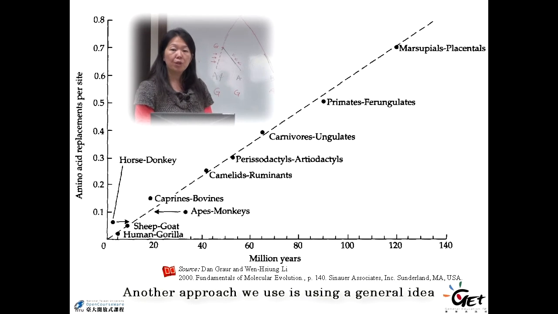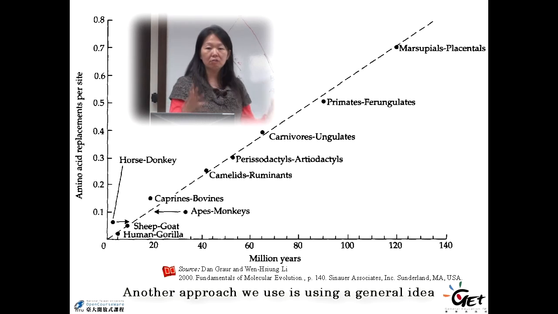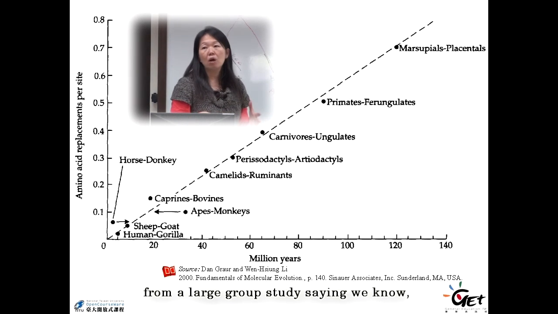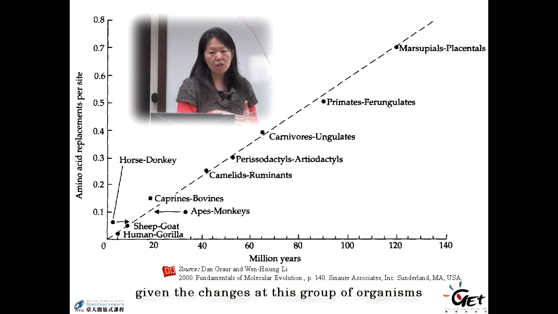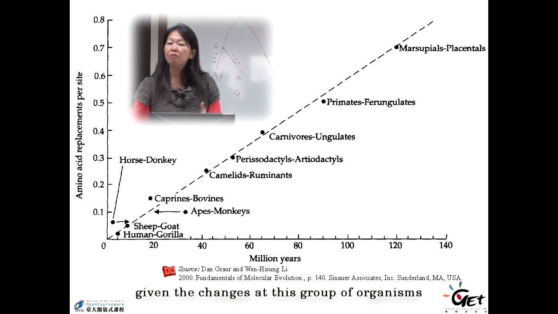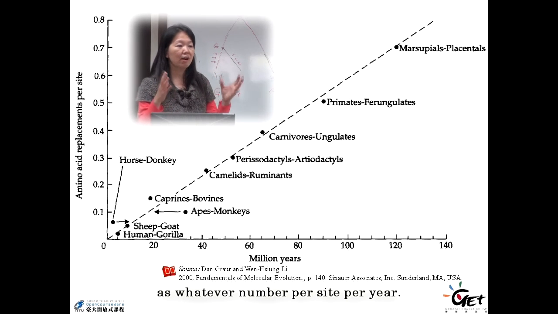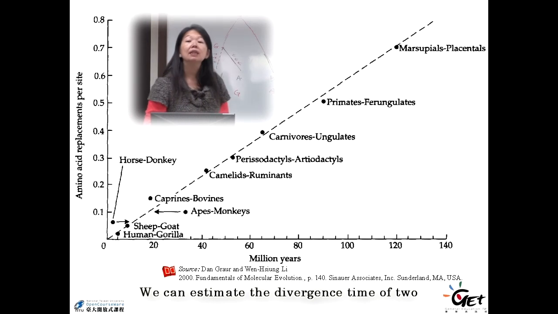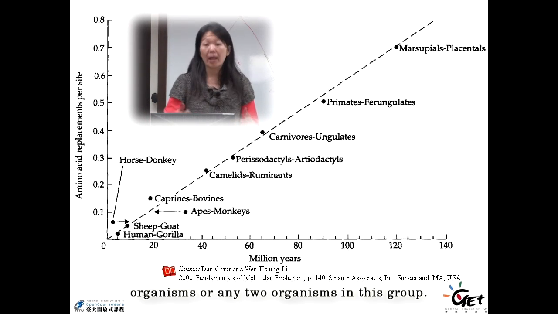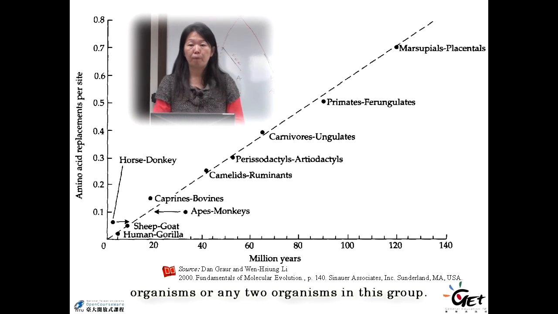Another approach is to use a general idea from a large group study: given the changes in this group of organisms as some number per site per year, we can estimate the divergence time of any two organisms in this group.